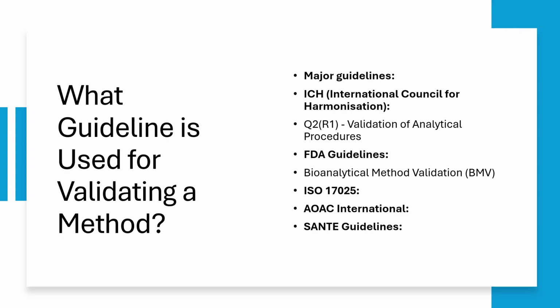Second is FDA guidelines. Under that there is bioanalytical method validation, and it is mostly for drug testing and biological matrices. Then there is ISO 17025 that talks about general requirements for testing and calibration laboratories, and it requires demonstration of method fitness for purpose.